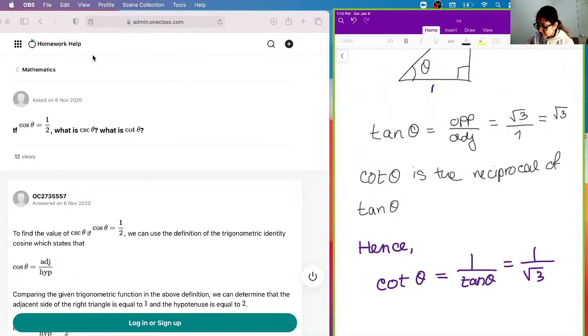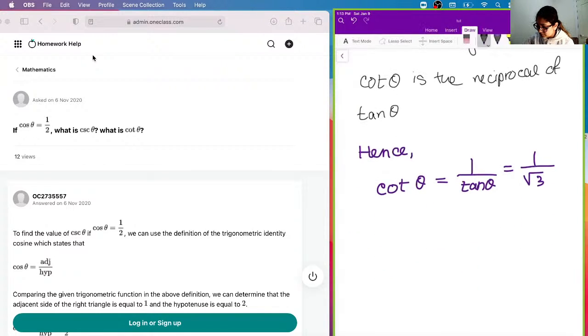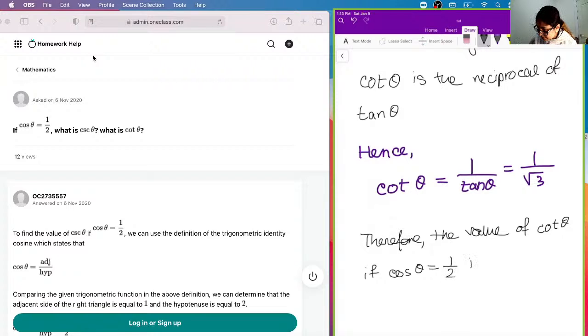Right? So therefore, a closing statement could be: the value of cotangent theta, if cos theta is equal to a half, is 1 over root 3.